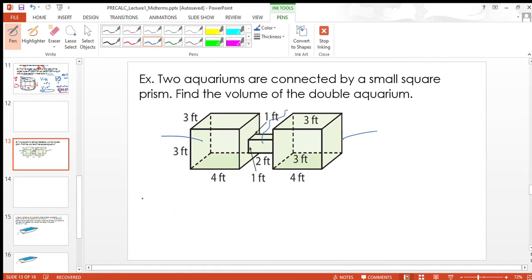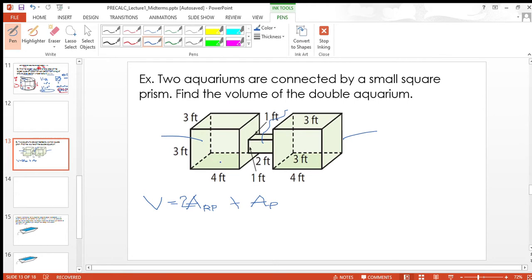So if you want to get the volume of the double aquarium, we get the area of the rectangular parallelepiped, but there are two rectangular parallelepipeds, plus the area of the connecting prism, this small area here. Area of parallelepiped, if you don't know the formula, it's a right solid.